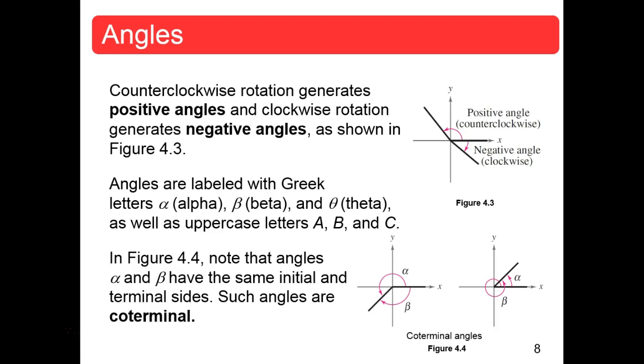What do you notice the difference is? Beta has gone one complete circle more than alpha did. But they're still coterminal angles. Now, depending on how you measure your angles, that complete circle has a very definite value. I don't want to get there yet because we haven't even defined it yet. But those are both coterminal angles. Hang on to the concept, okay?